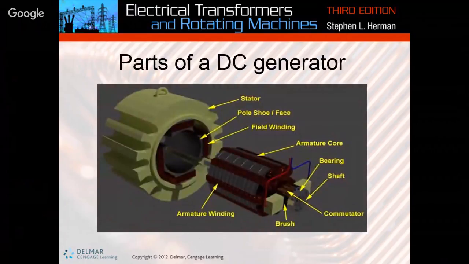All right, this is something that we need to pay attention to because these are very similar to what we're going to be talking about when we talk about DC motors. This right here is a drawing of what the actual components of the DC generator are. They call this the stator.